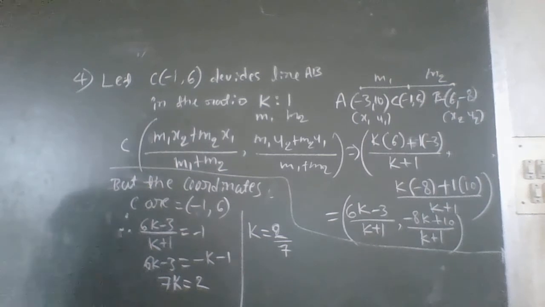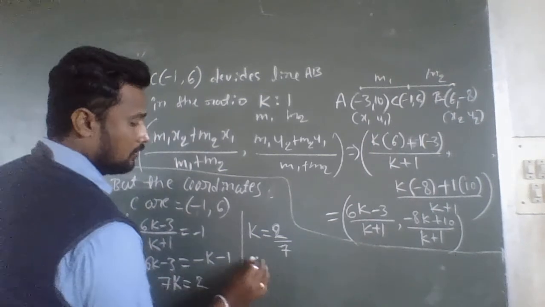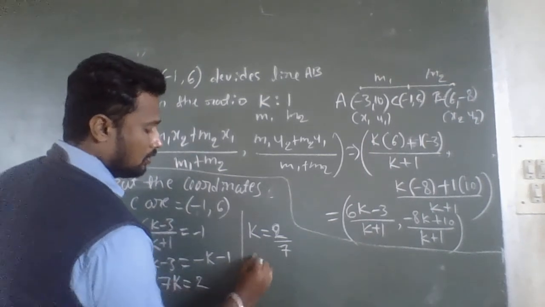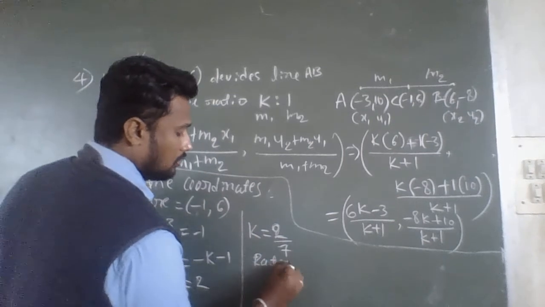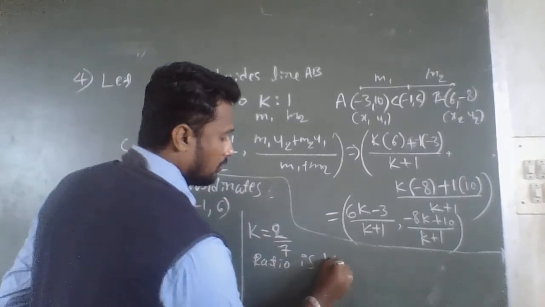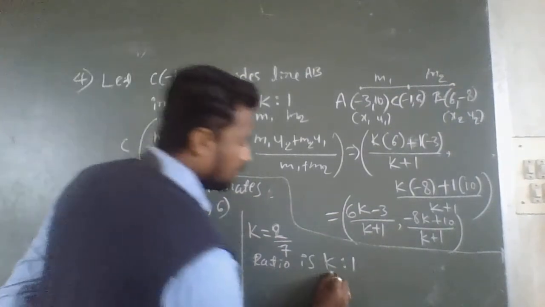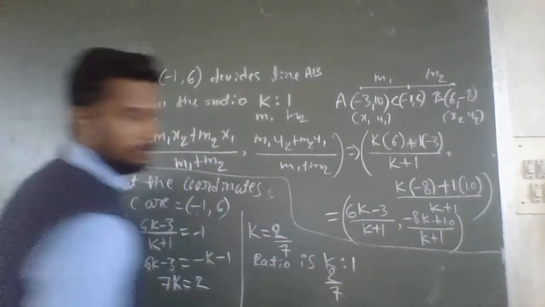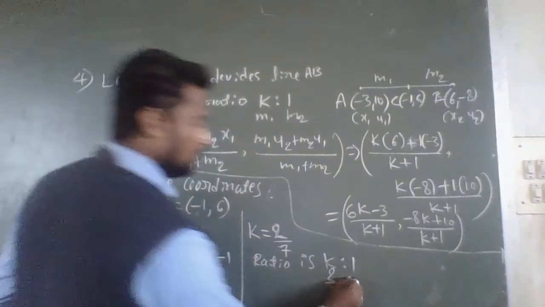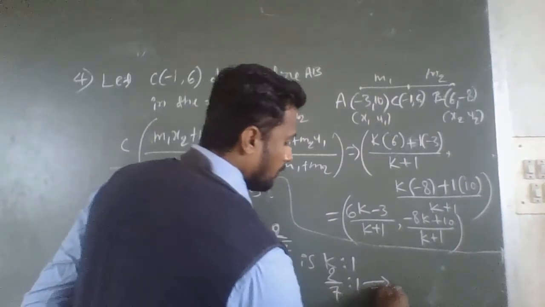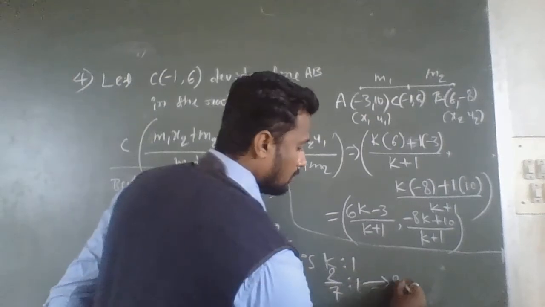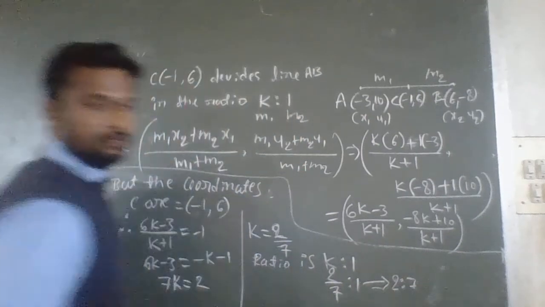Therefore, the ratio we considered as k is to 1. Now the value of k is 2 by 7 is to 1. This can be considered as 2 is to 7.